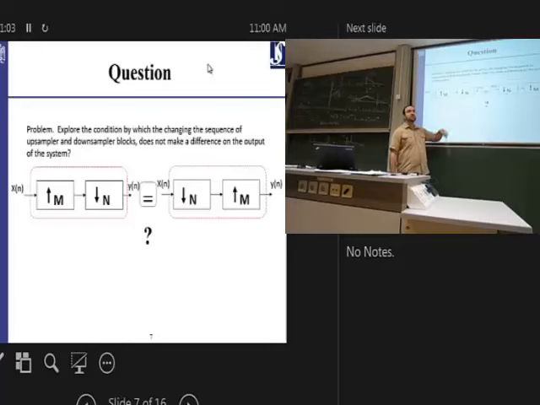That's the question. You should go through the upsampling and downsampling equations in the frequency and time domain. You know that already. You have in the slides, I think in the previous lecture. And figure out what is exactly the relation between m and n that gives you this property.